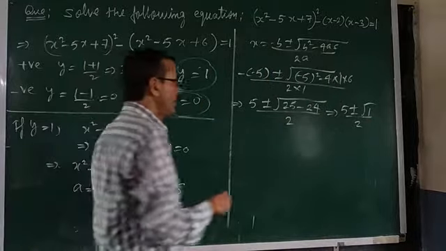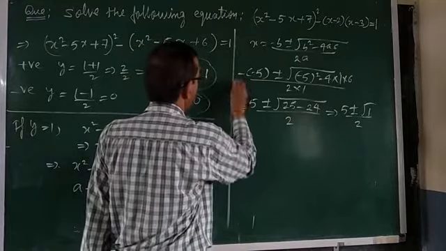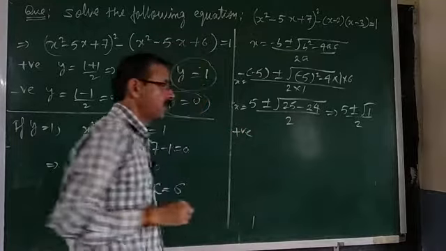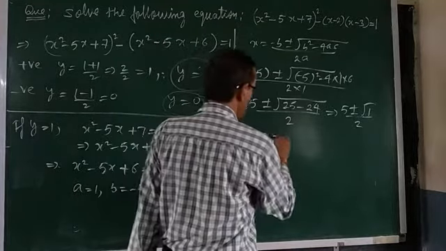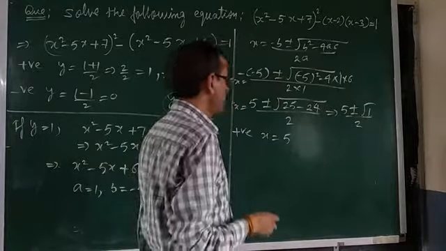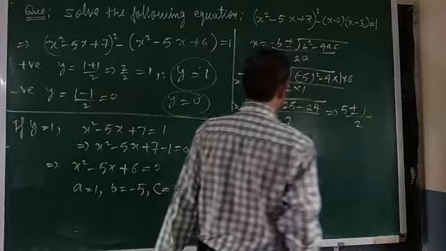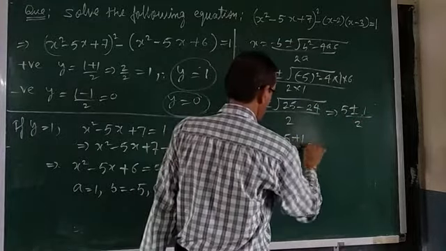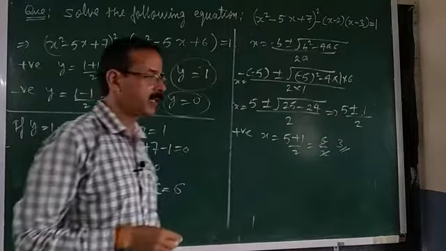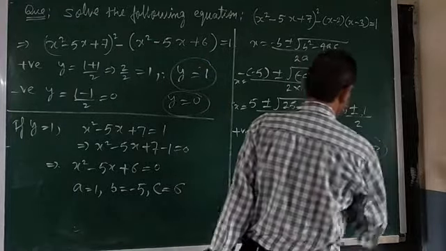Clear? Now if taking the positive, this is the x value. So x is equal to, under root 1 is 1, so 5 plus 1 upon 2, that is equal to 6 upon 2, that is 3. So x is equal to 3.